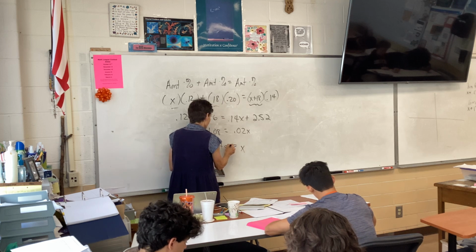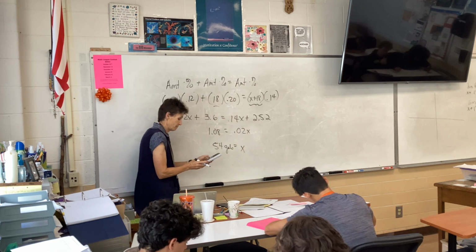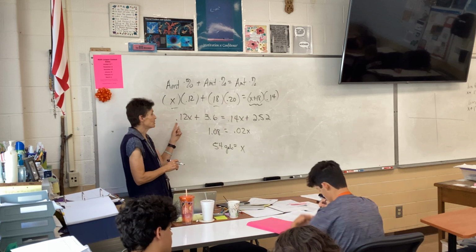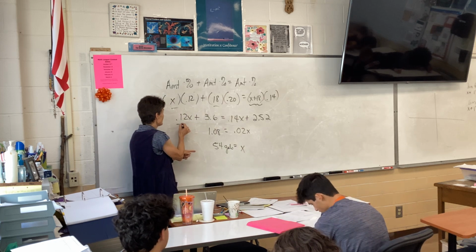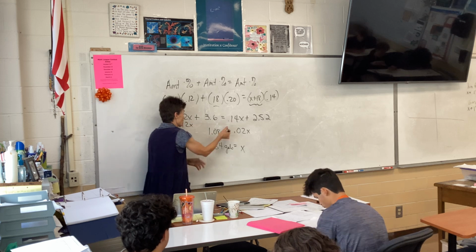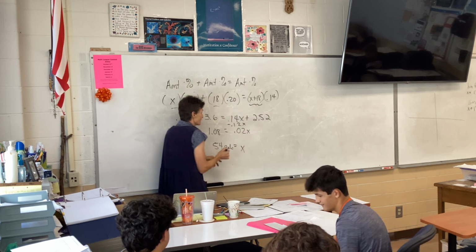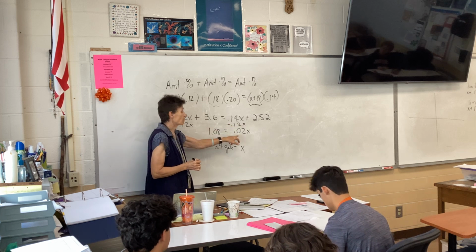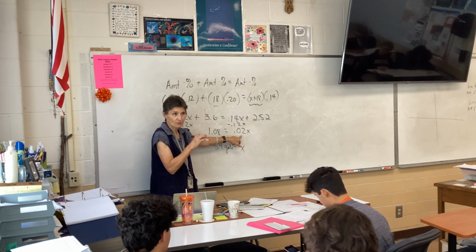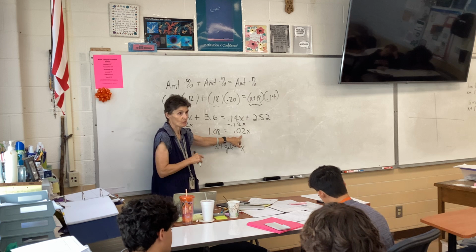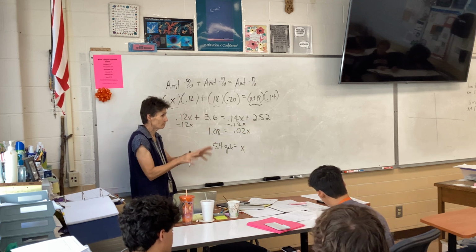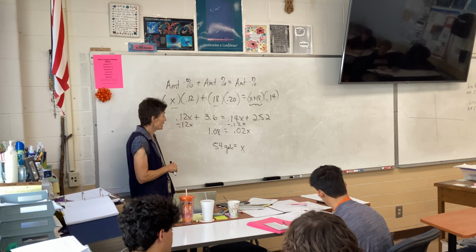Yeah, 54 gallons. I'll let you check that and see if that's what you got. Do want to caution you, when you start solving this equation and you subtract, 0.14 minus 0.12 is 0.02. Not 2, not 0.2, it's 0.02, right? So be careful. You'll have your calculator so you can figure that out.